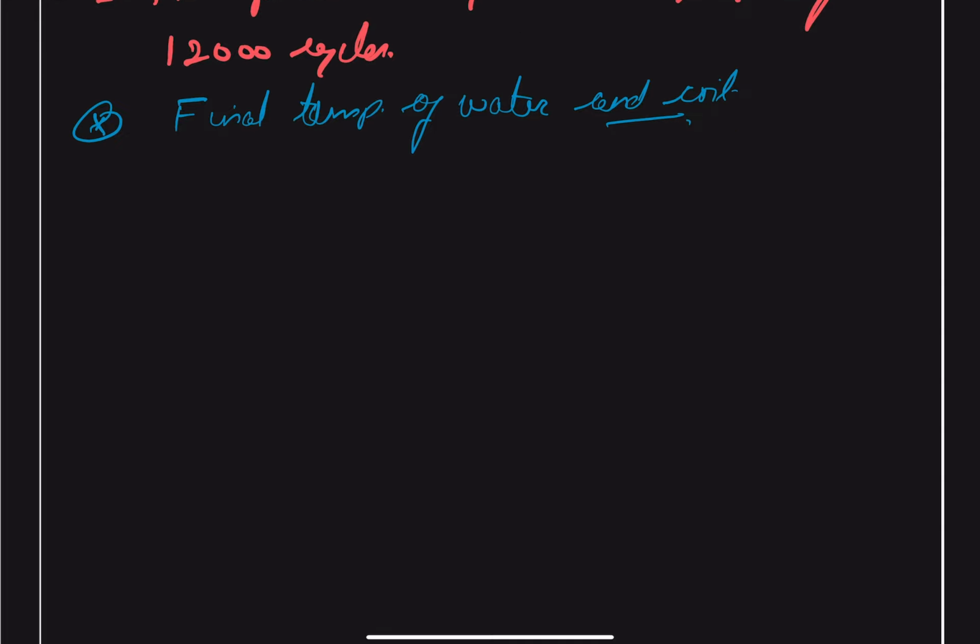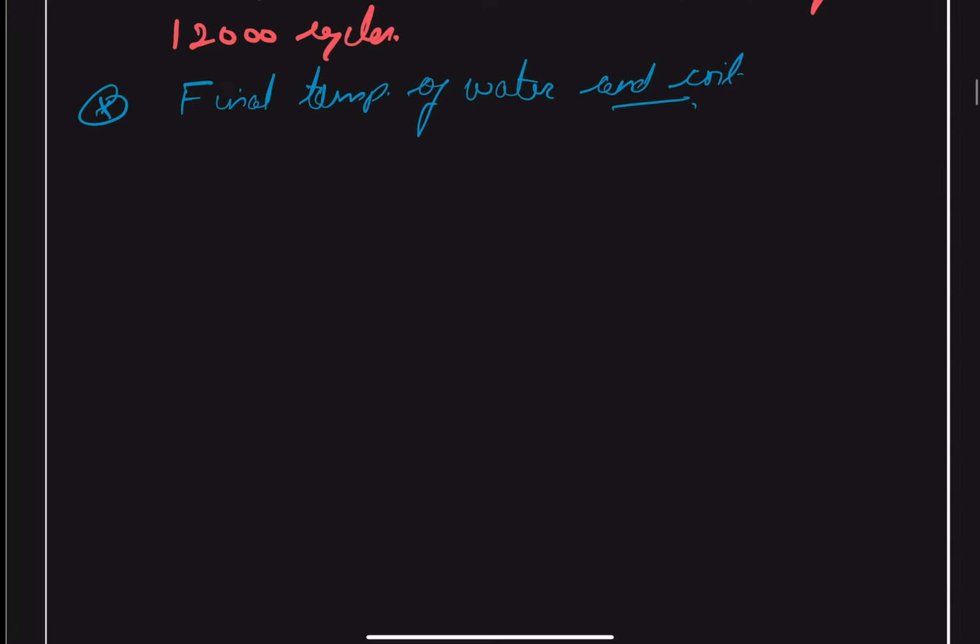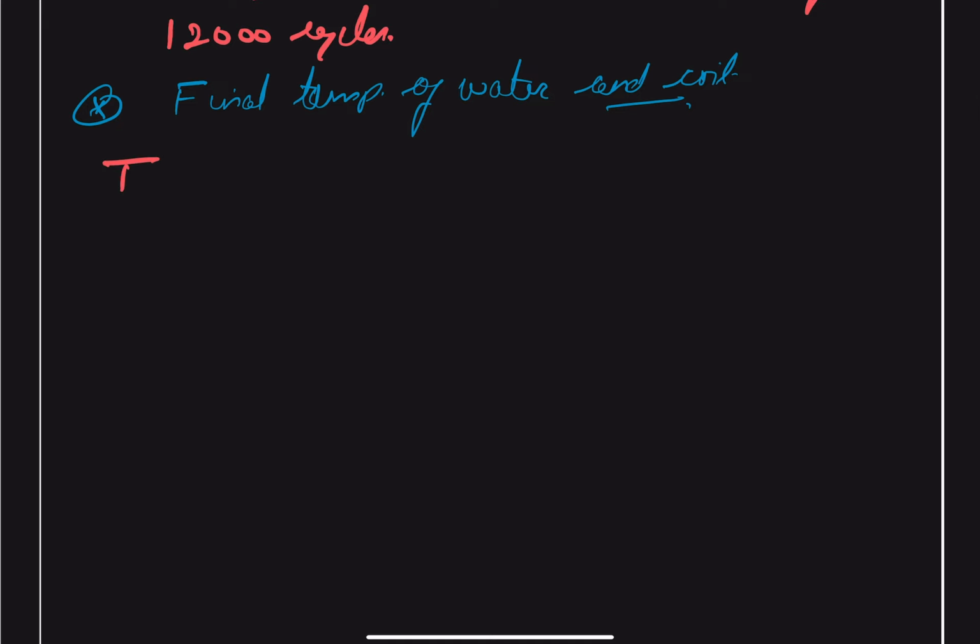Now we have 12,000 cycles, so we can say total energy dissipated over 12,000 cycles.